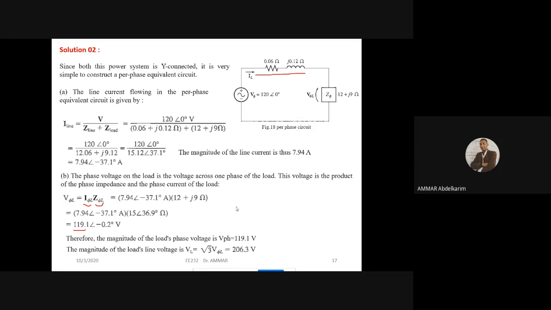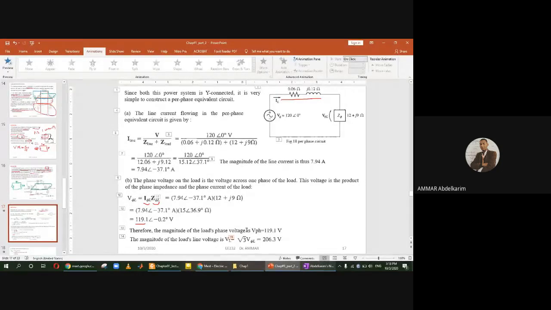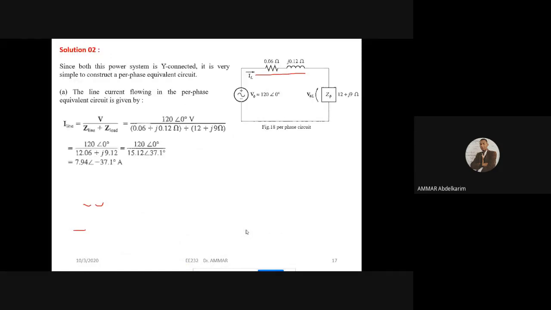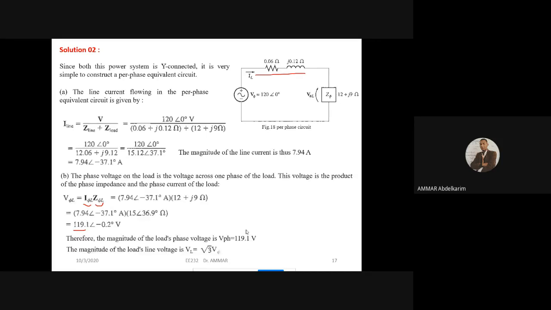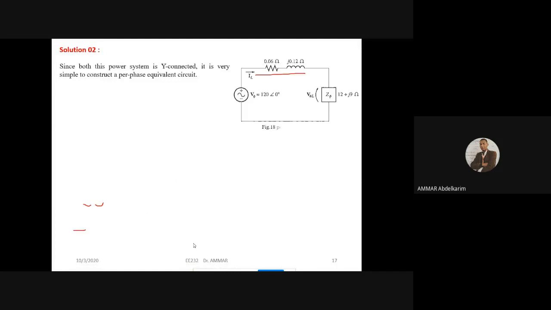Now the magnitude of the load line voltage. The line voltage of the load, not the phase voltage across the load, but the line voltage of the global three-phase load.